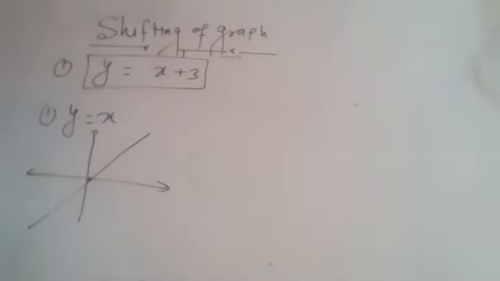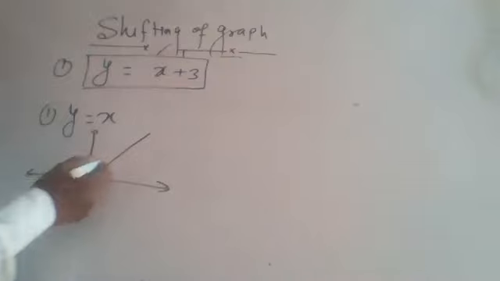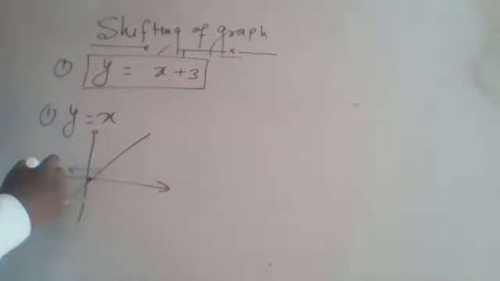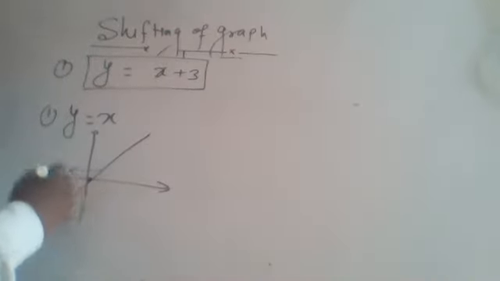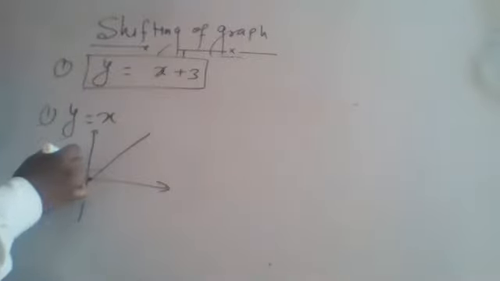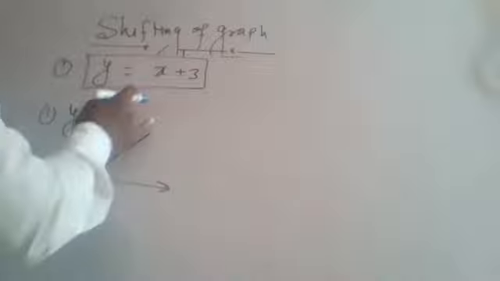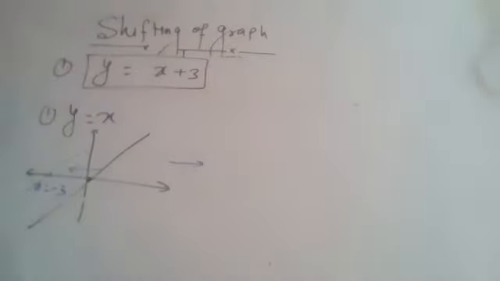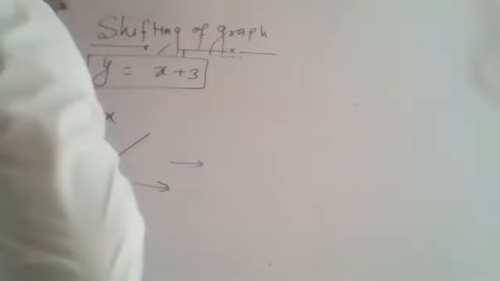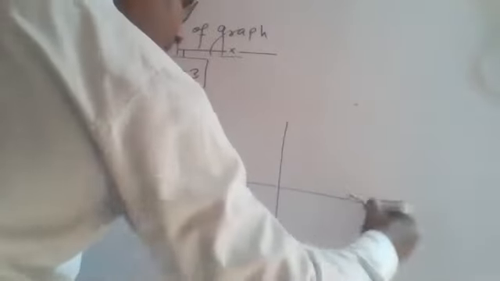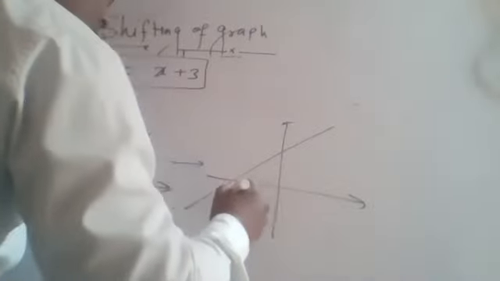Now, where do we shift the graph? We have to shift the graph along negative x-axis, at x equals to minus 3, parallelly. So here we have to shift the graph parallel to the old graph at x equals to minus 3. After shifting the graph, we get the desired graph looking like this one. Just see onto the board. X is equals to minus 3.